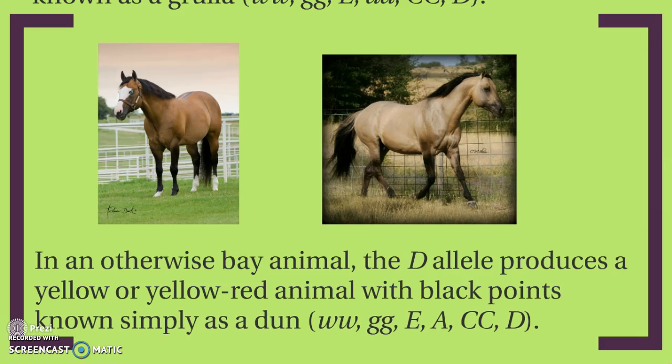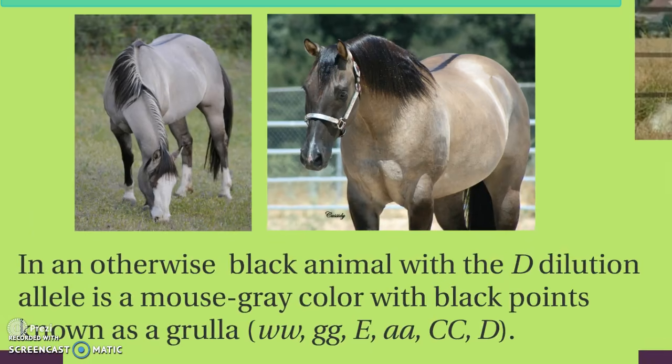Little w, little g, big E, big A, big C, big D. In an otherwise black animal, the D dilution allele gives a mouse gray color with black points known as grulla, or if you'd rather, gruya. Little g, big E, little a, big C, big D.